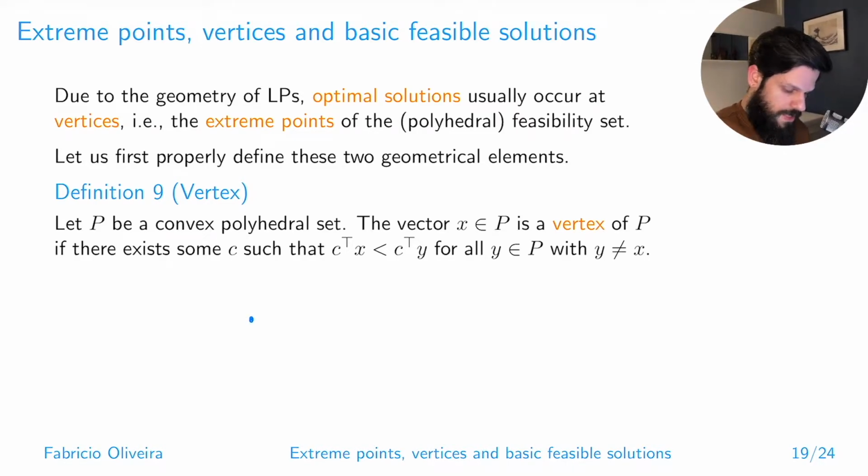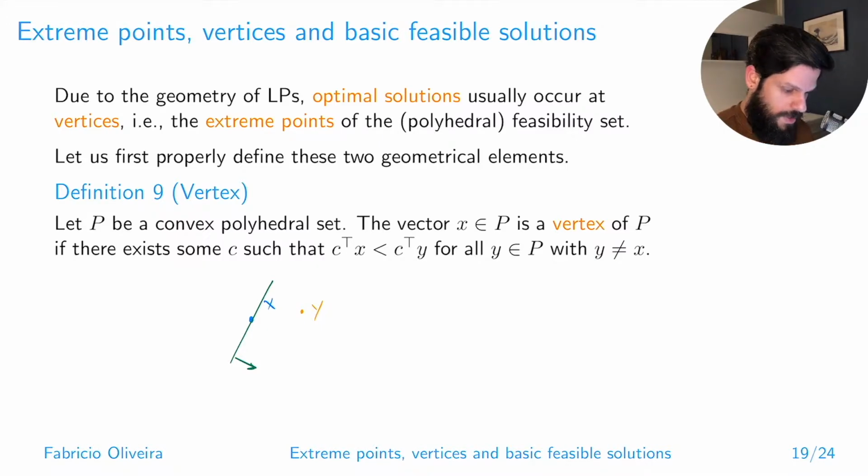But it basically means that if you're wondering whether x is a vertex of your polyhedral set, it will be true if you can find this hyperplane here with normal vector C, such that all the other points y have a strictly greater than relationship with that hyperplane, meaning that they are strictly on one of the sides defined by the half space.